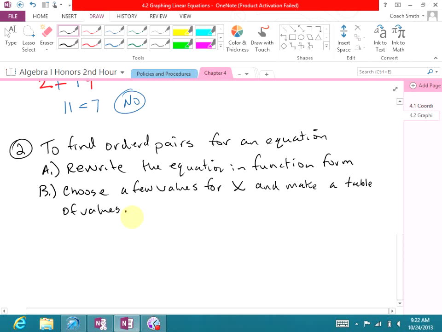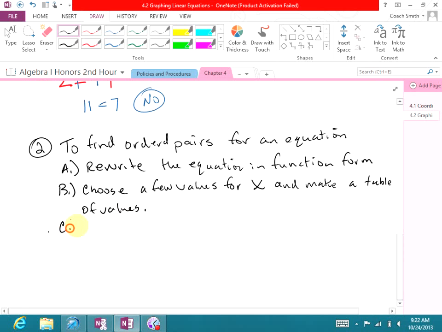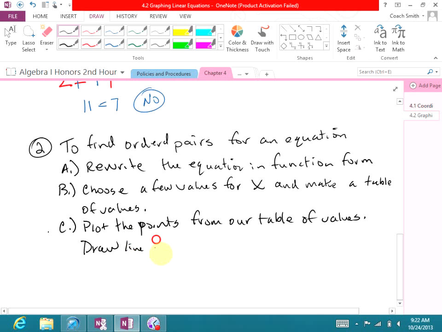The third step that we will look at in just a second is to plot the points from our table of values, and then draw a line through the points.